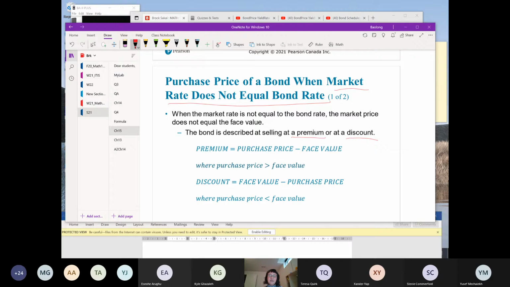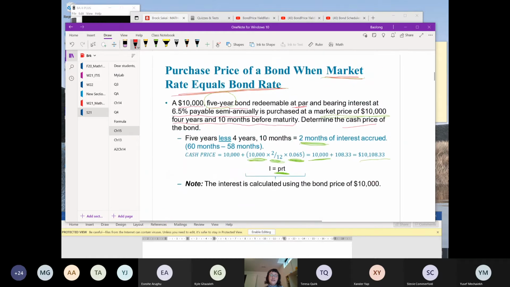Under what condition do you have a premium? When you have a purchase price greater than face value, you have a premium. When you have a purchase price smaller than face value, you have a discount. If the purchase price equals face value, it is this example here.